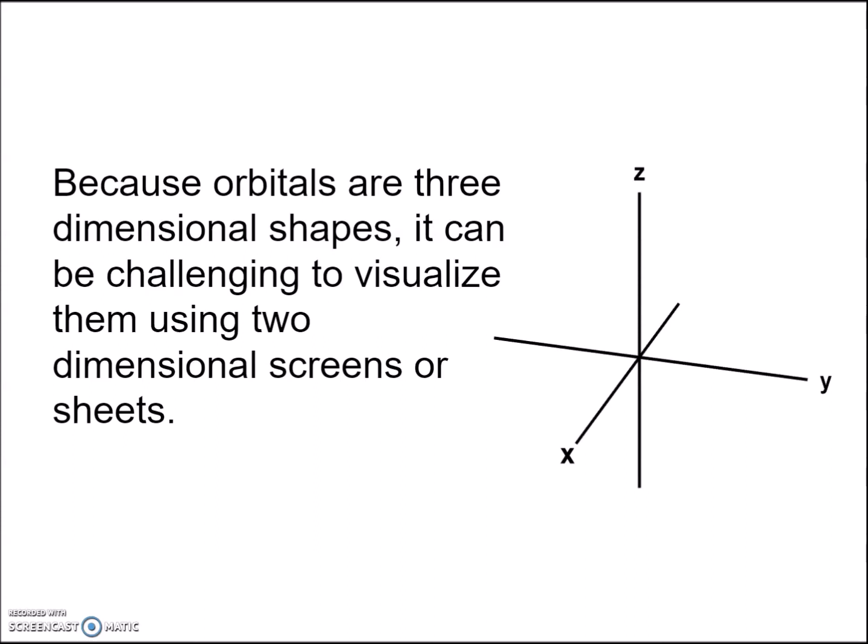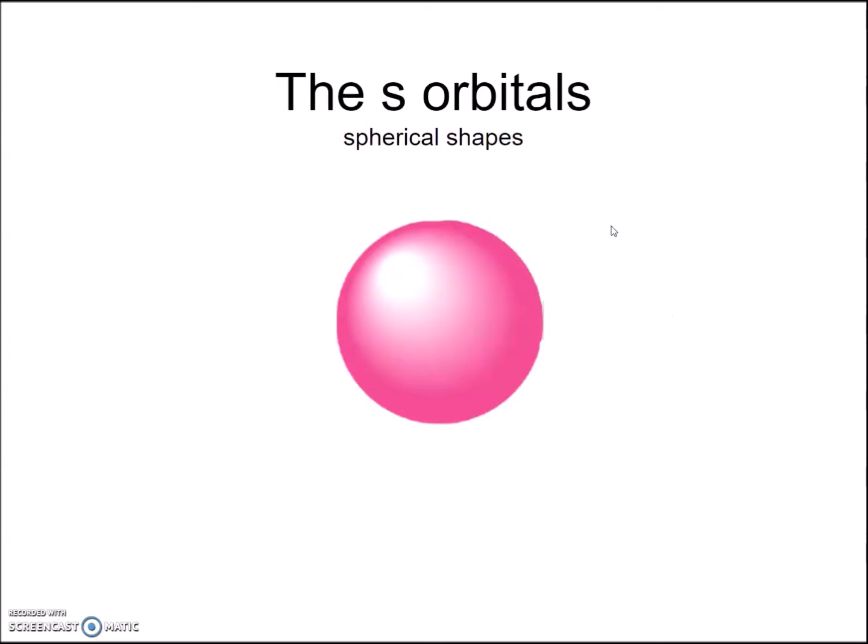We're going to have to ask you to use your imagination because we're limited by screens and sheets of paper generally. There are some three-dimensional models that we can take a look at, but we're limited right now.